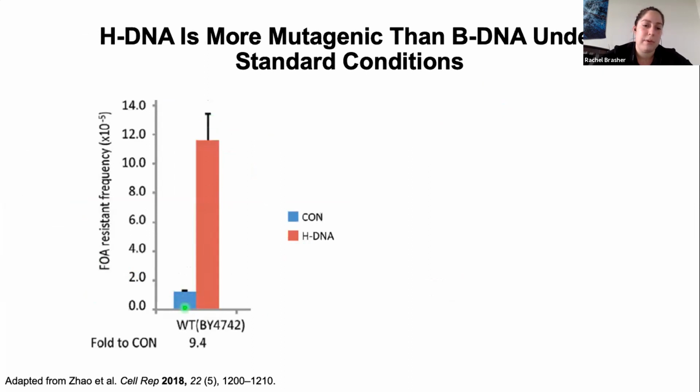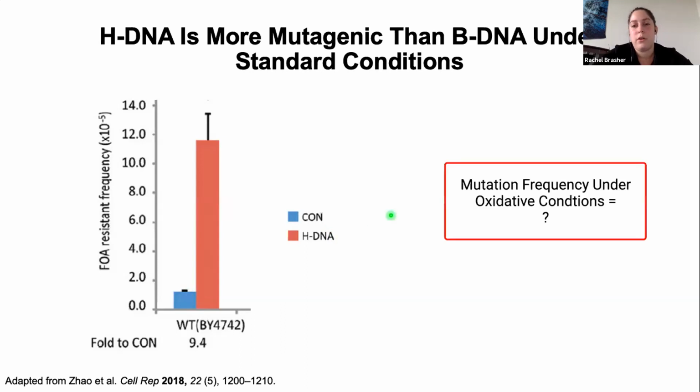HDNA is in the red and B would be in the blue. HDNA was seen to have a 9.4-fold higher mutation frequency than the BDNA. So under oxidative conditions, we would expect that the B-DNA and H-DNA mutation frequencies would increase, and we would expect that this fold would also increase.